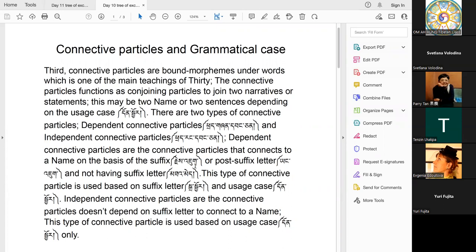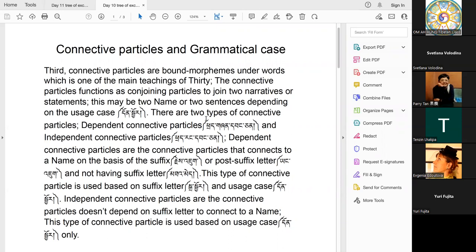Because, so it means that one is unable to eat because one's stomach is full. So we see that in this particular sentence, we have sa, which is a connective particle. It's a conjoining particle. What it does is that it joins these two parts of the sentence. The first one is the reasoning, and the second one is the current circumstance. So reasoning and circumstance.